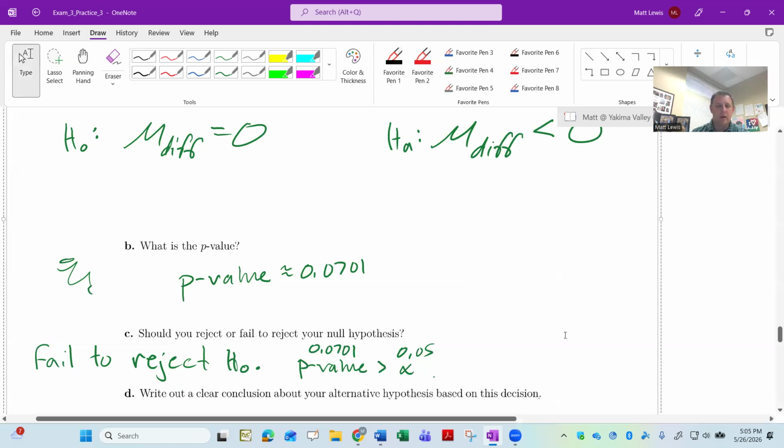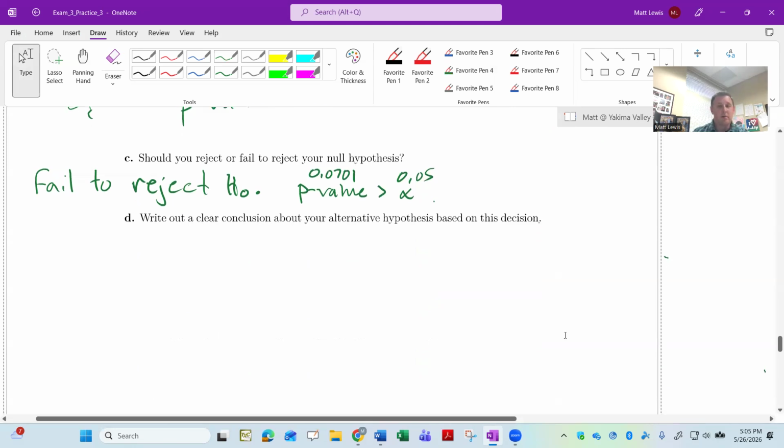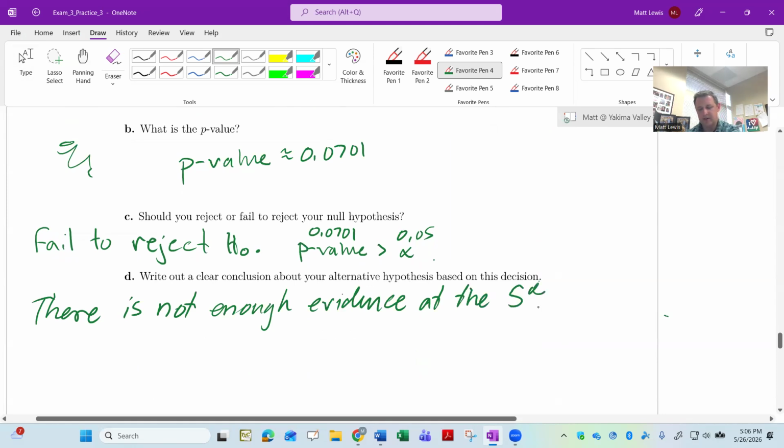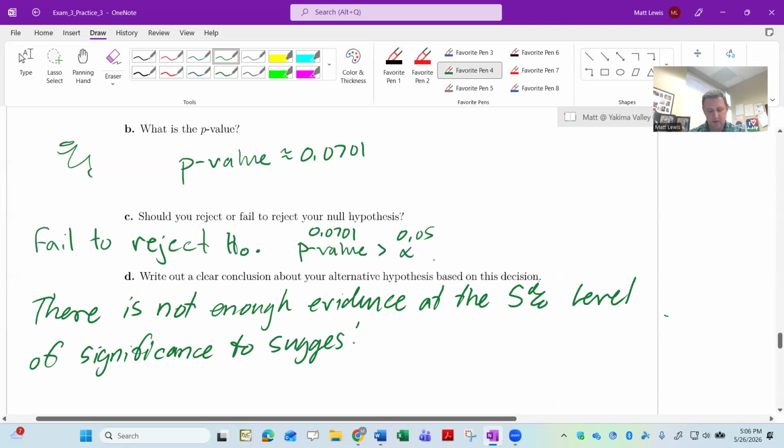All right. And then let's write out a clear conclusion about this. We failed to reject, so there is not enough evidence at the 5% level of significance to suggest that the alternative is true.